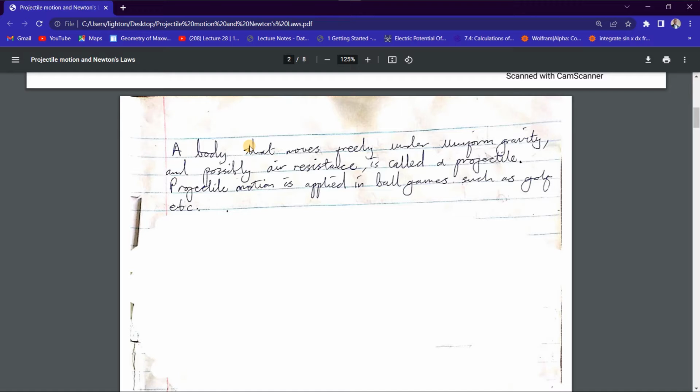And projectile motion is applied in ball games such as golf, etc. People playing golf always apply projectile motion. And people playing basketball, when they are throwing the ball in the net, that is a projectile. The path taken by that particle or the ball will be called a projectile.